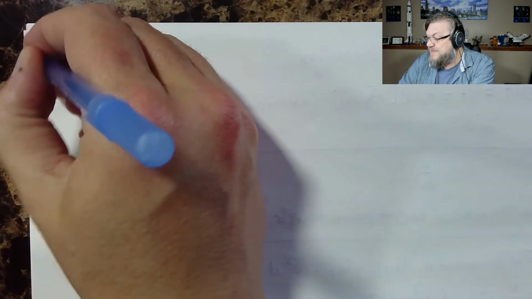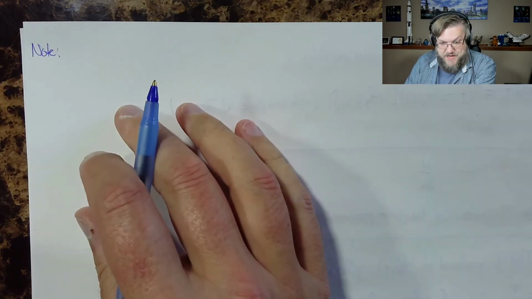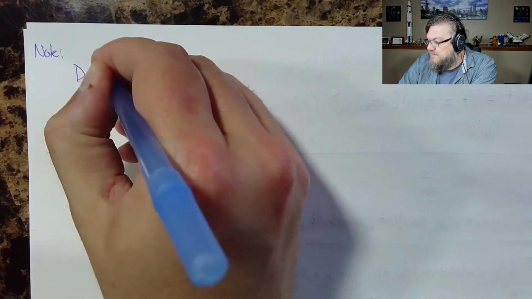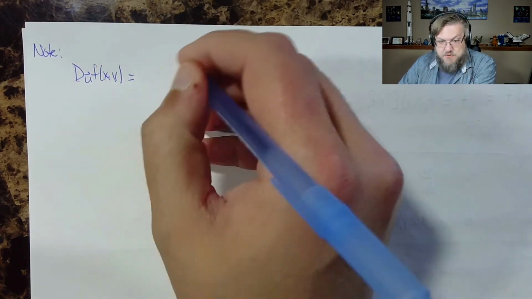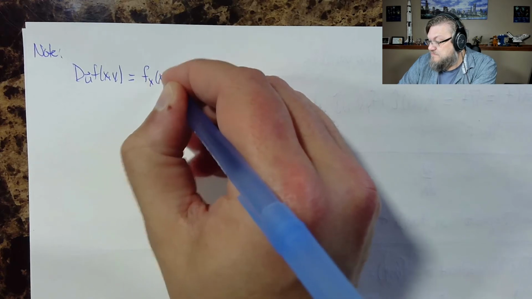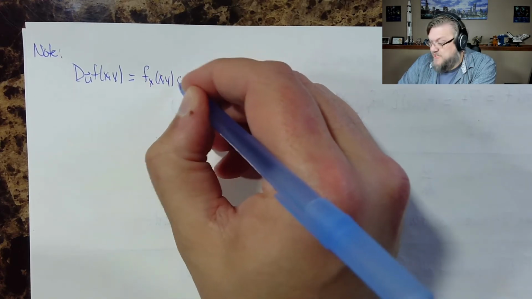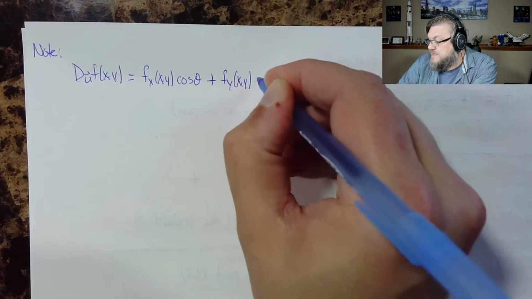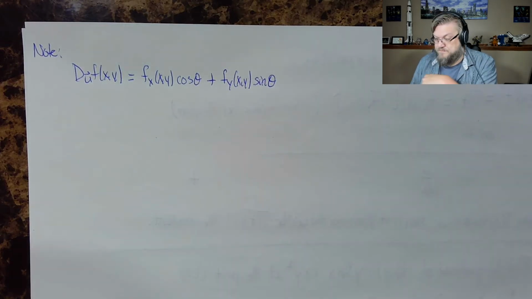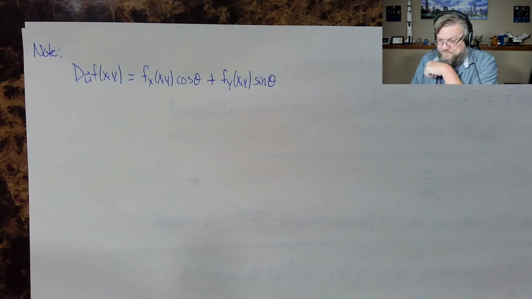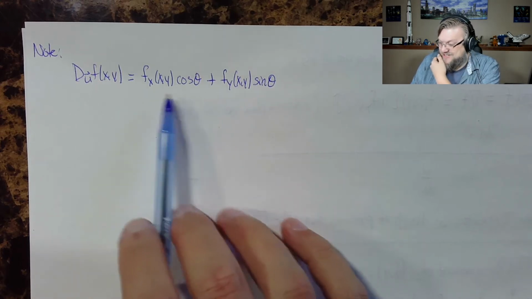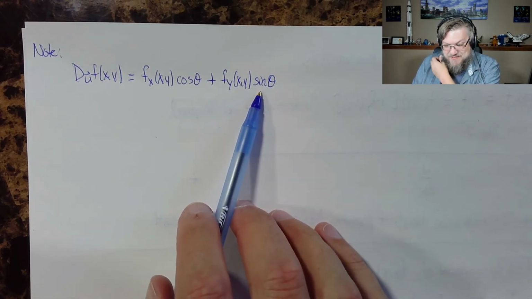Let me show you something. Now let me rewrite the definition of the directional derivative that we used. We had the directional derivative was equal to fx times the cosine of theta plus fy times sine of theta. Now, thinking about this, this looks like a dot product if you think about it, right?